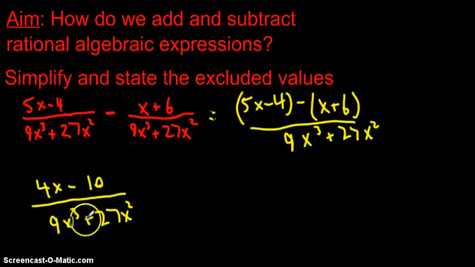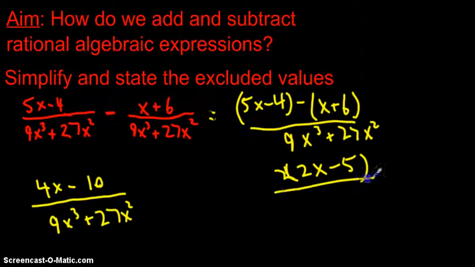It might be helpful to simplify the denominator to find the excluded values, so I'm going to do that anyway. So that's 2 times 2x minus 5 over 3x squared. Oh, wait. I guess I got a GCF of 9. Let's do that again.